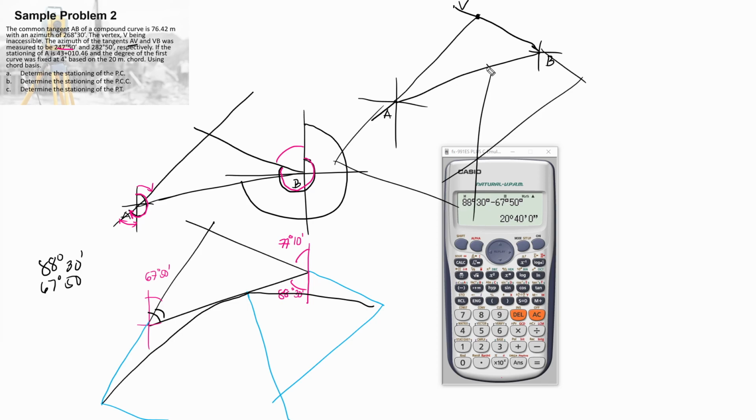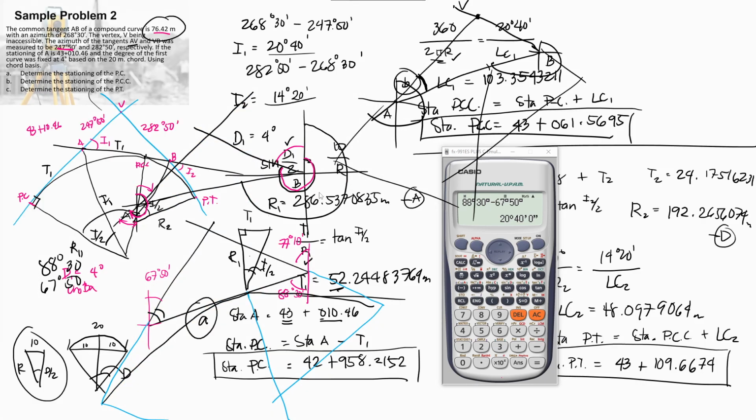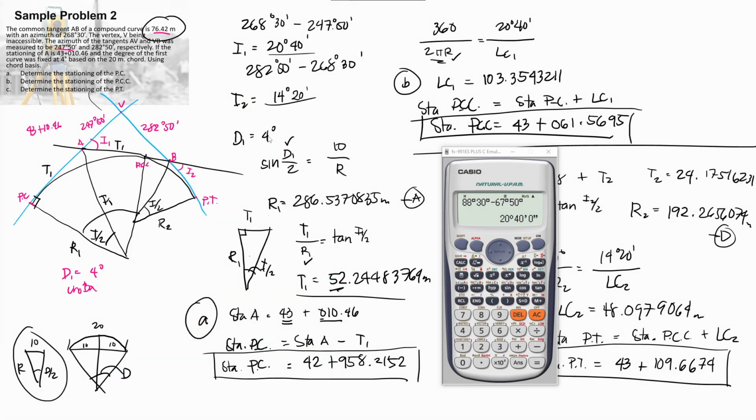Medyo madali na kasing i-assume kung ano yung azimuth nito at yung azimuth nitong angle na yun, yung difference nila is yun yung matitira dito. Kaya sinubtract ko na lang agad siya doon sa kanina. So, 268 minus 247.